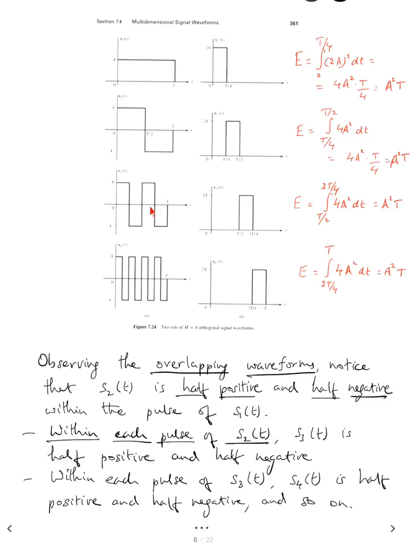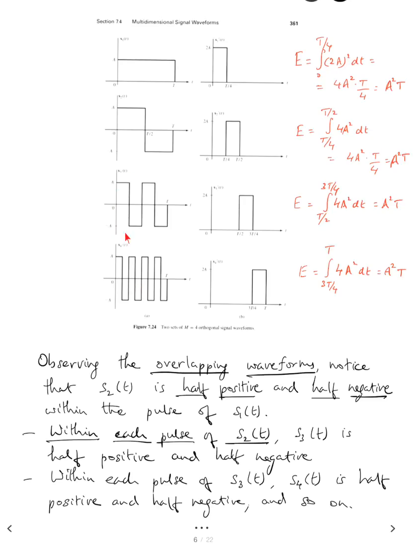Then to create the third pulse, we look at the first half of this waveform, and within that interval we make it half positive and half negative, and within the second interval it is again half positive and half negative. That way this waveform would be orthogonal to this as well as this. So that's one simple way of constructing orthogonal waveforms, and we extend this to the next one.